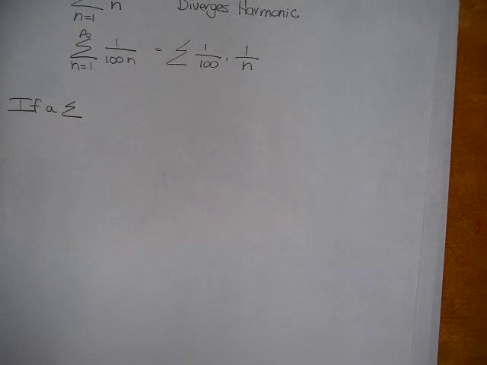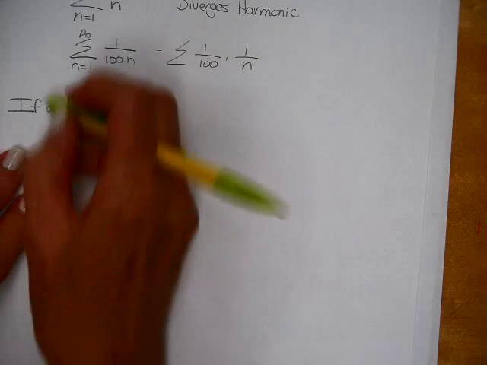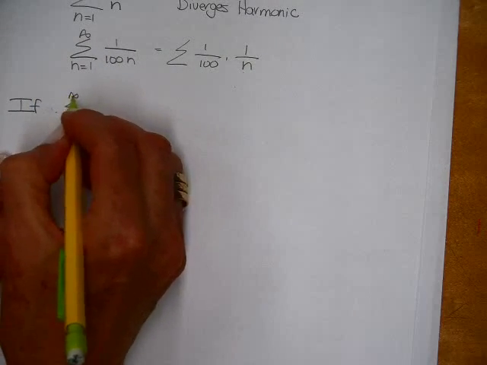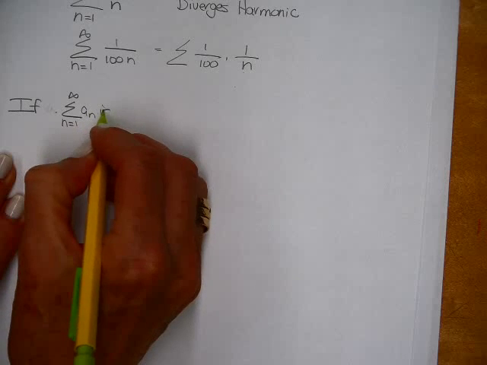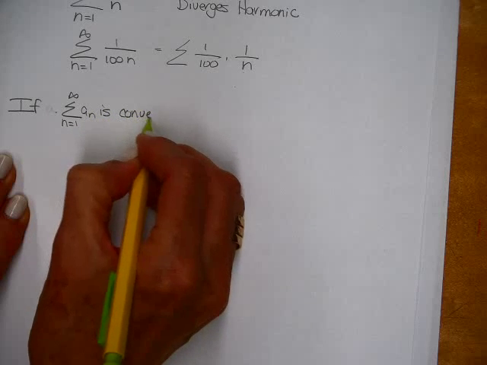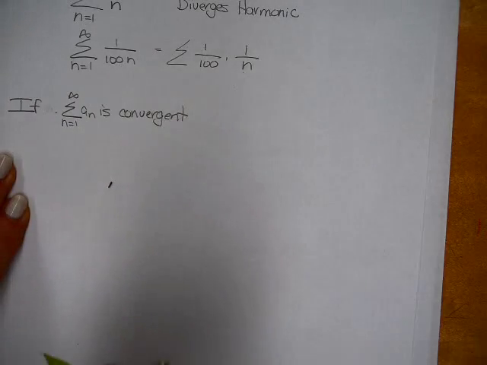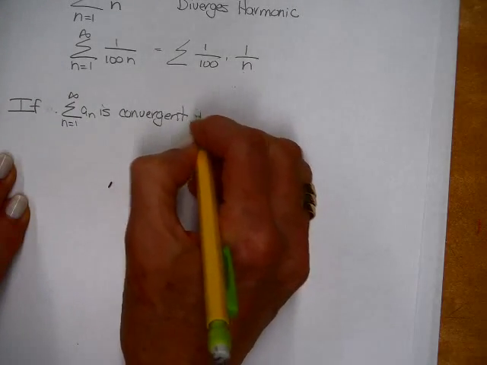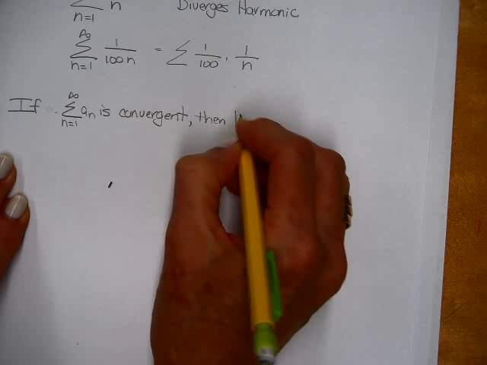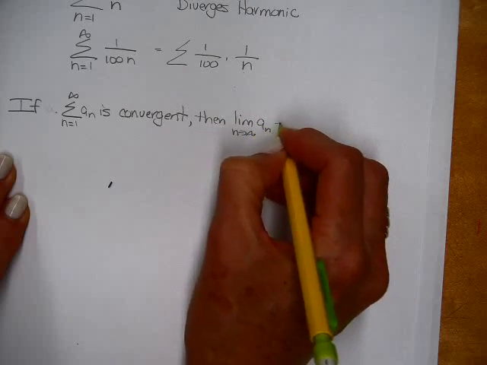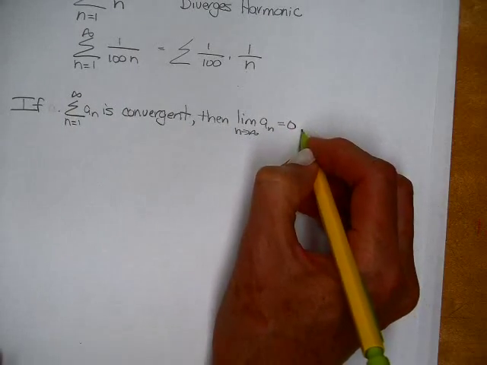Theorem 6 on page 753: if the series from n equals 1 to infinity of a sub n is convergent, then the limit as n approaches infinity of a sub n will be equal to 0.